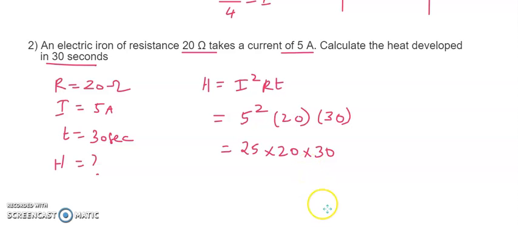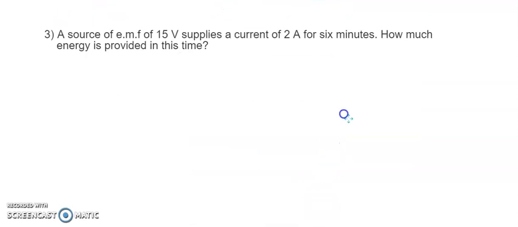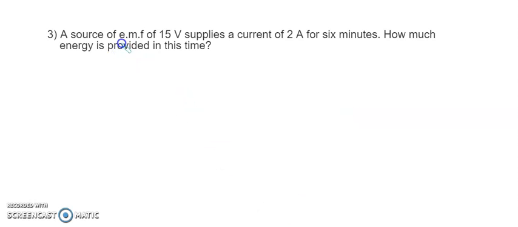Next. Now, EMF means potential difference, electromotive force, the amount of energy or work done to push the electrons. That is the meaning of EMF. So here voltage is given as 15 volt, current is given as 2 ampere, time is given as 6 minutes, which I have to change into seconds.